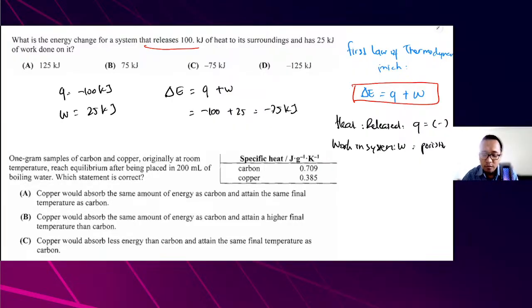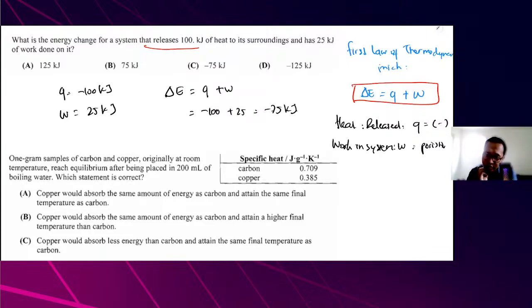Based on this information, the system lost more energy because heat released was more than the work, so the total energy change is negative.